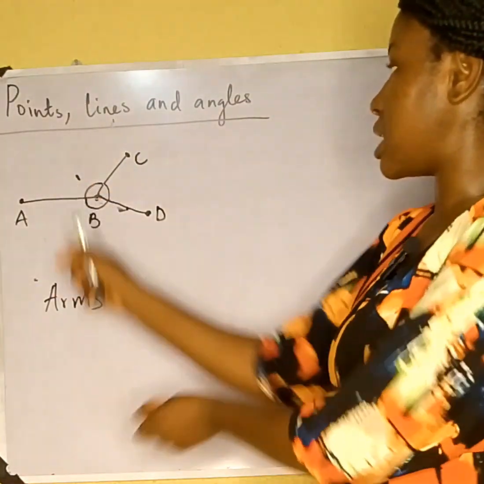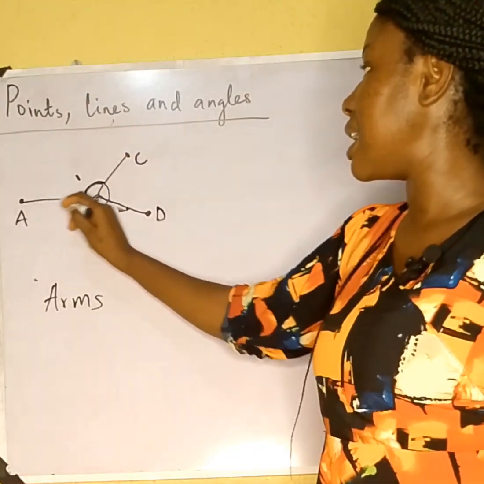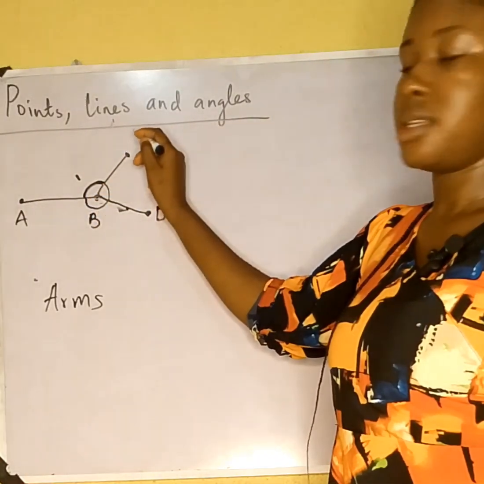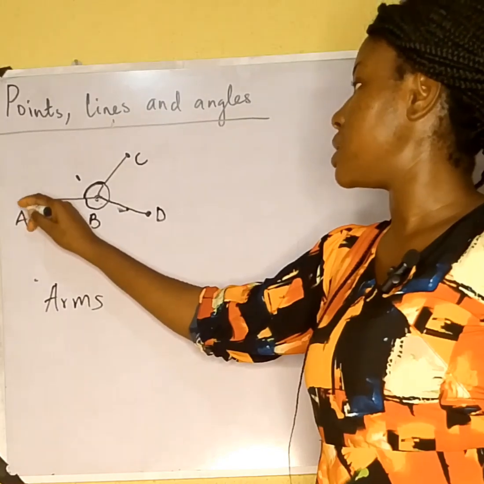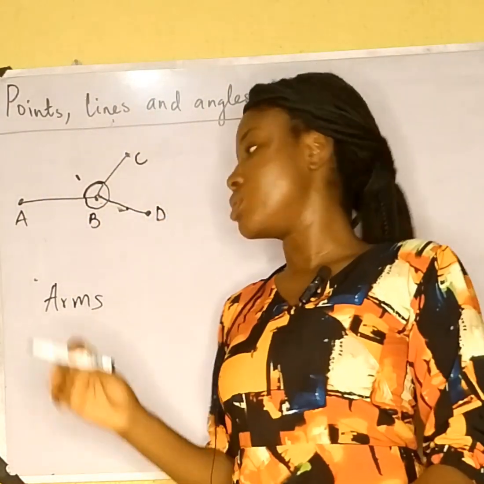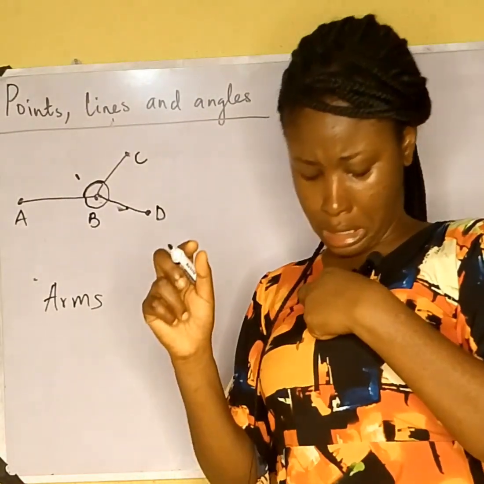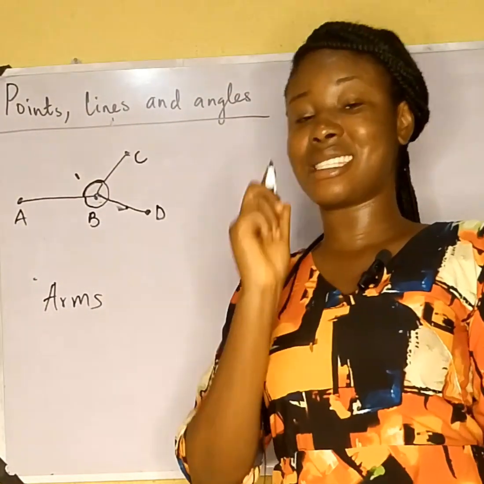So using this first one as an instance, the angle is formed here, but this is the hand and this is another hand. So there are 3 points here, point A, point B and point C. I will use these 3 points to name this angle, but I will make sure that the position of the angle will be at its center.